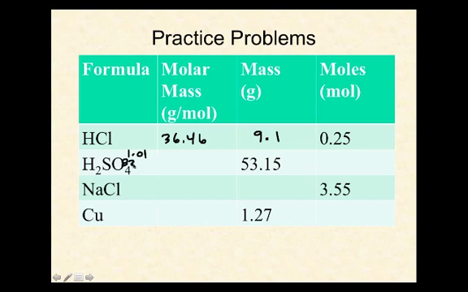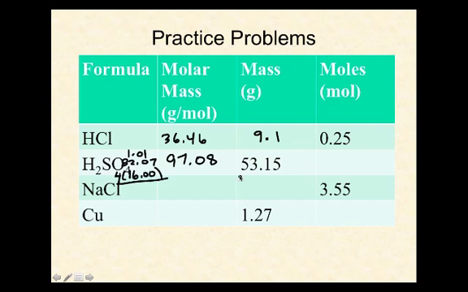Do you remember? 32.07, and then I have 4 oxygens, so 4 times 16. We're going to add this all up. And I'm not going to need a calculator. 4 times 16 is 64. 64 plus 32 is 96. Add one more for the hydrogen, 97.